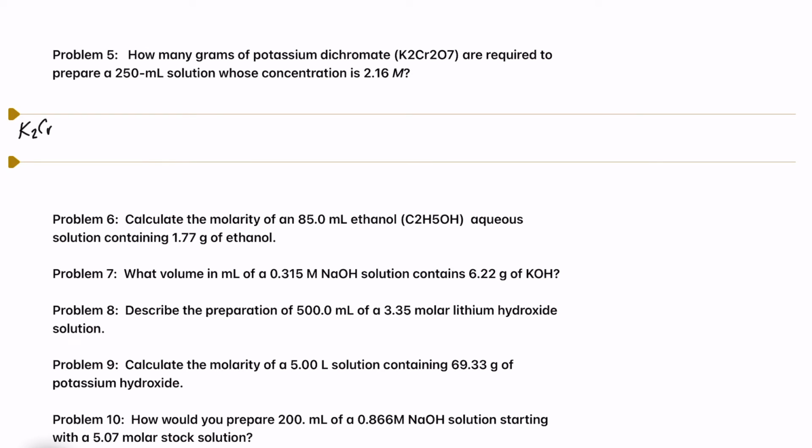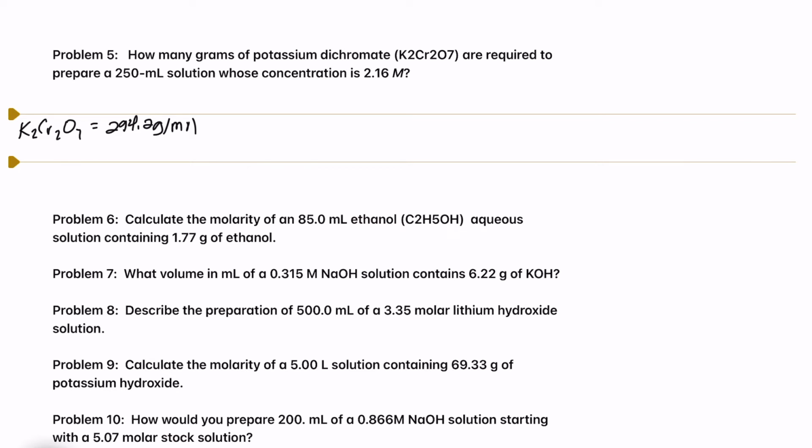Problem 5, how many grams of potassium dichromate are required to prepare a 250 milliliter solution whose concentration is 2.16 molarity? So remembering that molarity is moles per liter, I'm going to check the periodic table and do the work for you here.